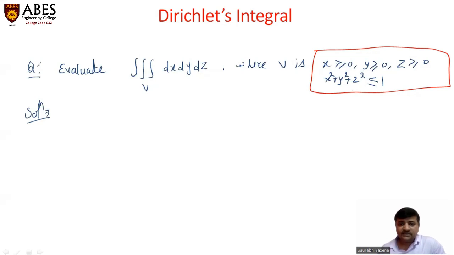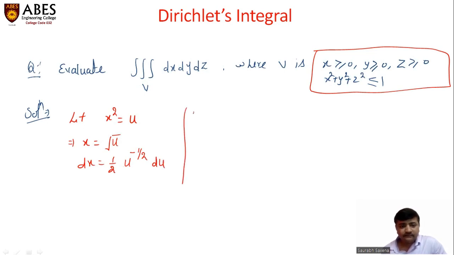So in this case, if we want to make use of Dirichlet's integral, we'll let x square be equal to u. If x square is equal to u, we can think of x as root u, and dx is equal to 1 by 2 u to the power minus 1 by 2 du.